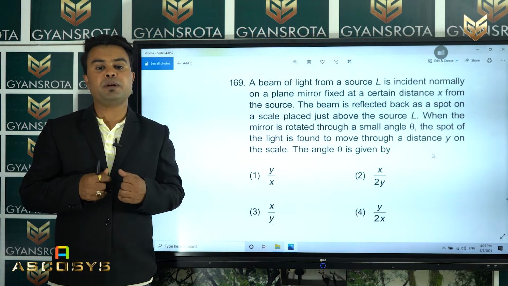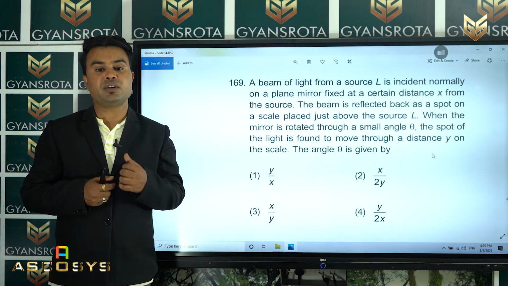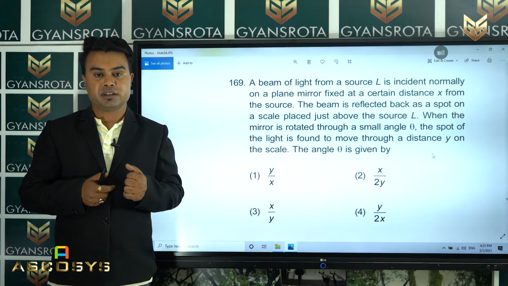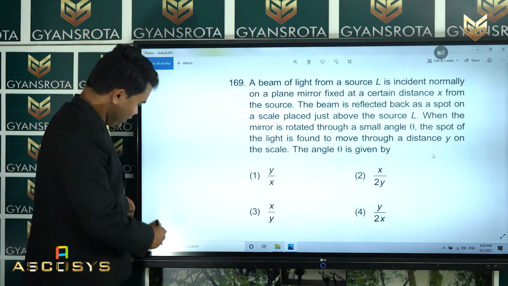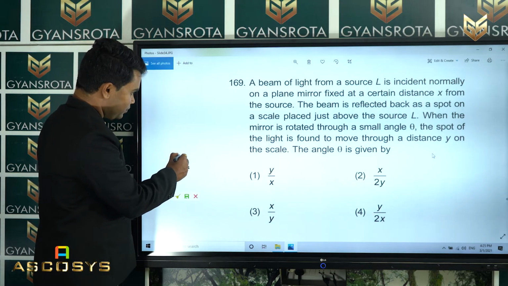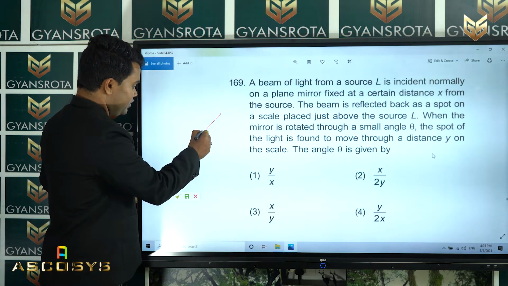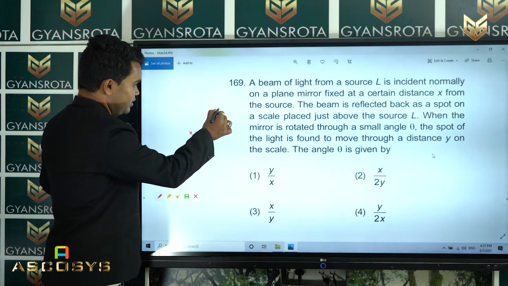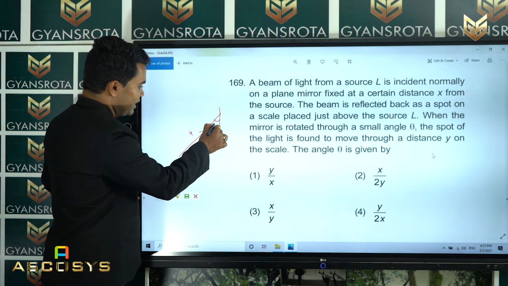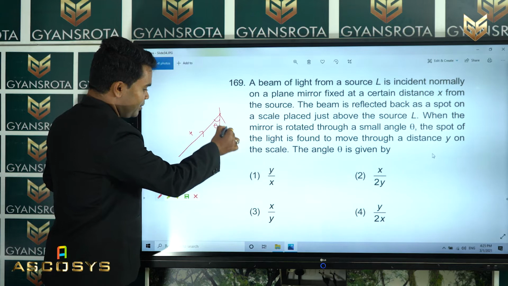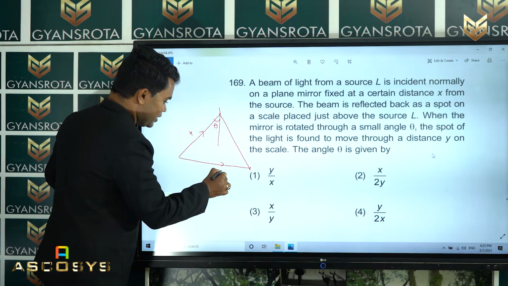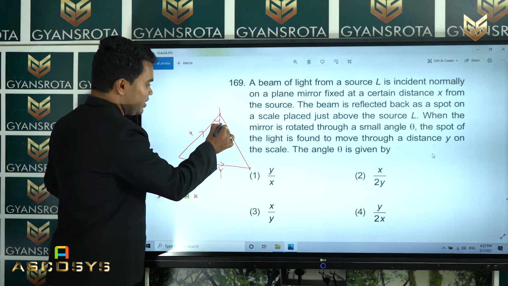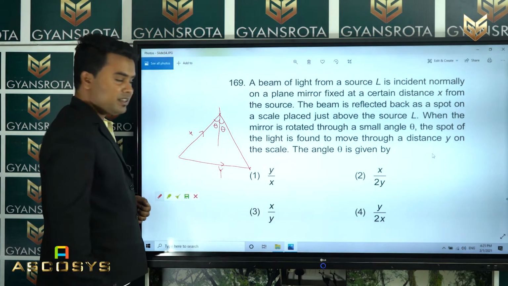It's saying that a beam of light from a source L is incident normally on a plane mirror. If I draw the ray diagram, it will show somewhat in this way. If this is x and this is angle theta, it is forming and it is coming back. Now they are asking you to calculate this distance y. If this is theta, the angle of reflection will also be theta.